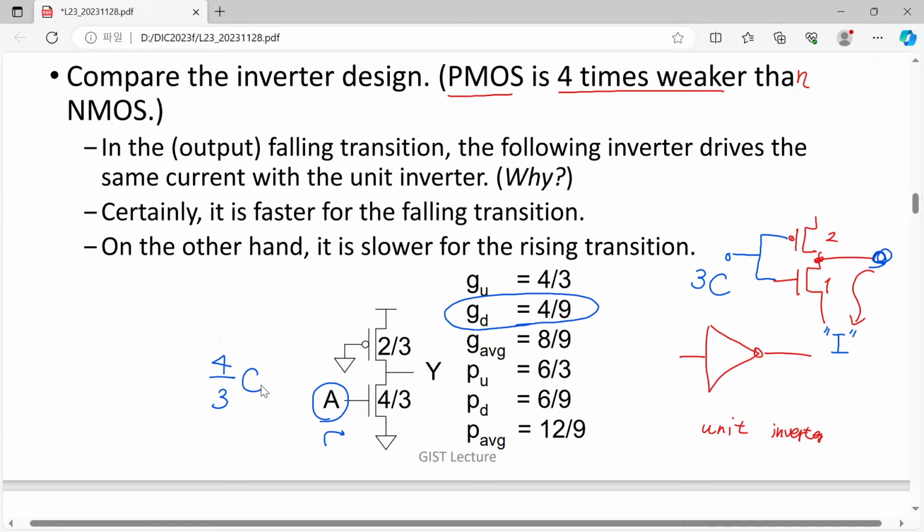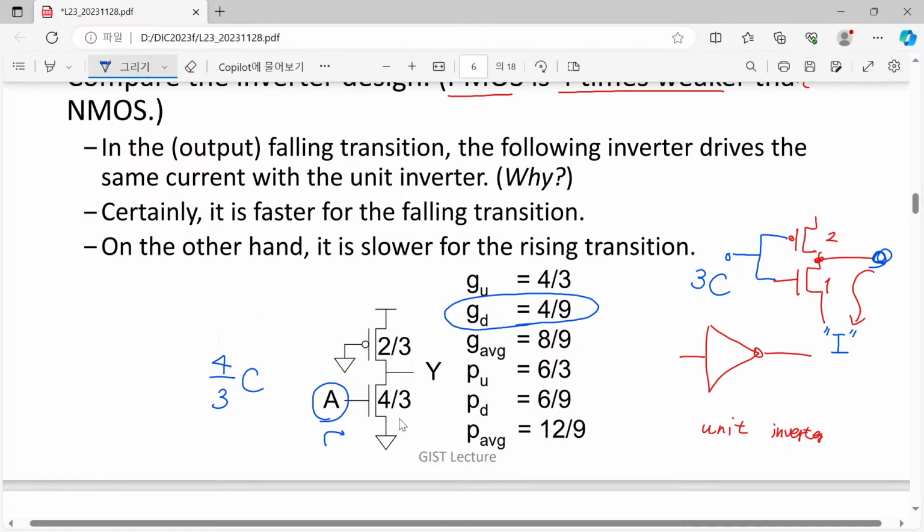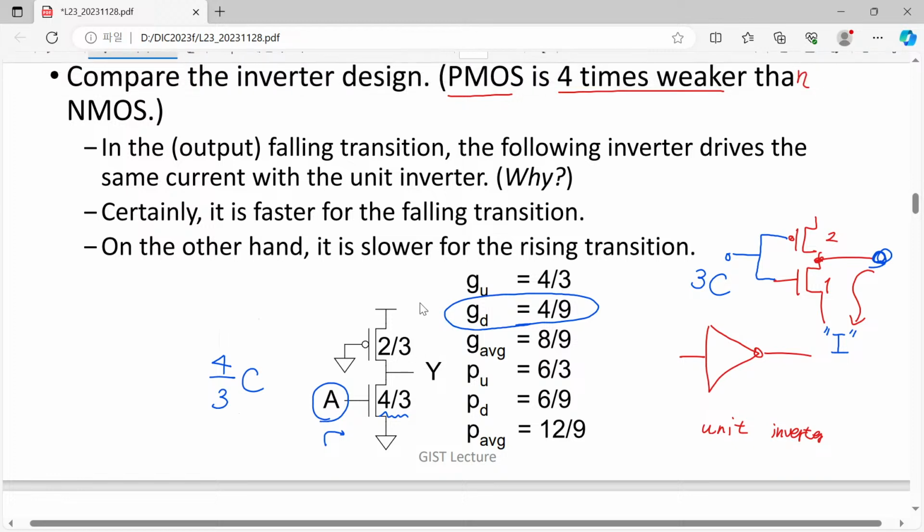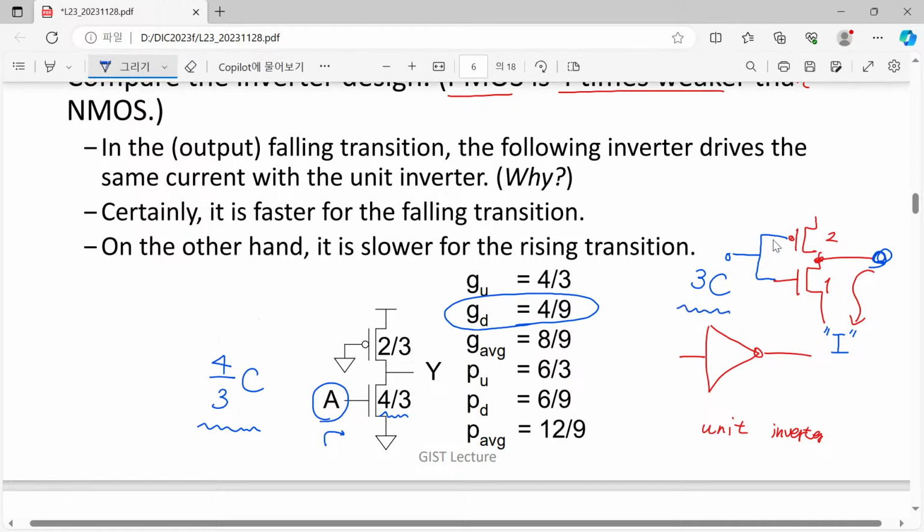Are you with me? Although the size of our N MOSFET is slightly wider, we can completely kick out the contribution from our P MOSFET. So the overall input capacitance is much smaller than our usual CMOS inverter when we take this kind of ratio.